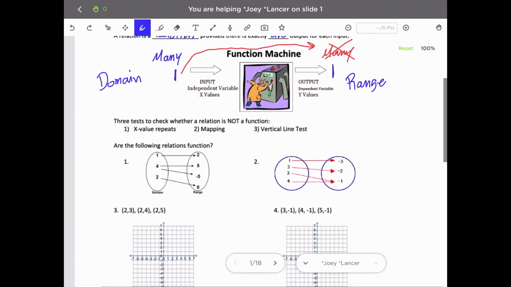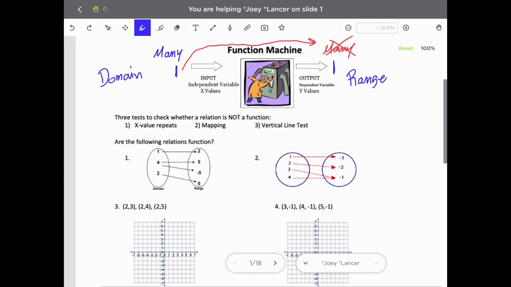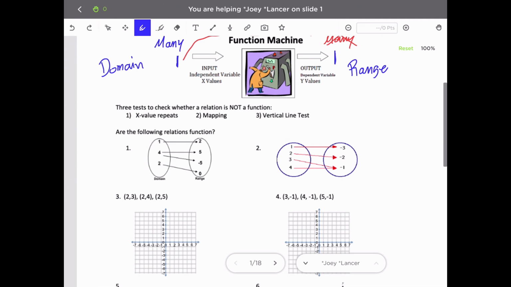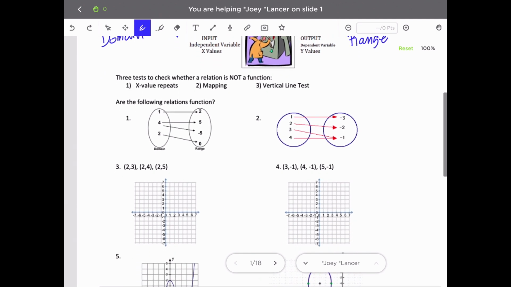You can have many x values getting you the same y, or you can have a single x giving you only one y, but you can't have many answers coming out, many outputs coming out of one x.